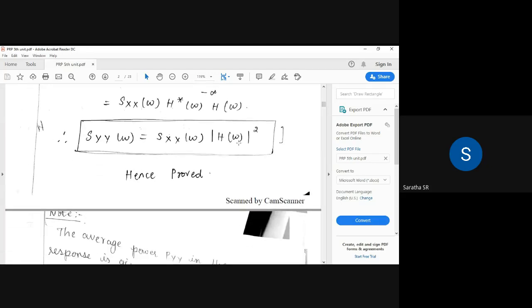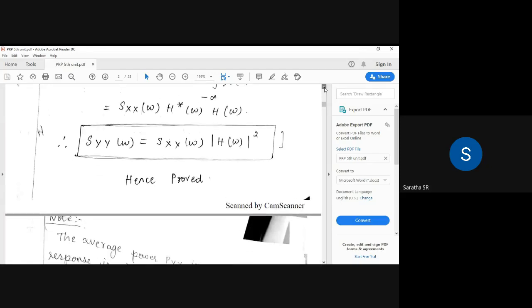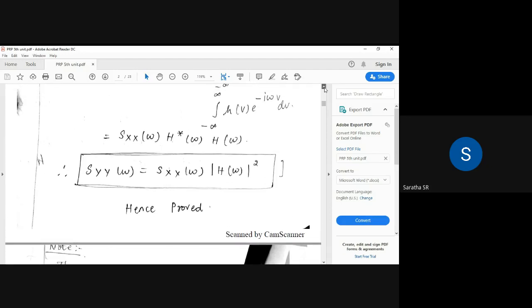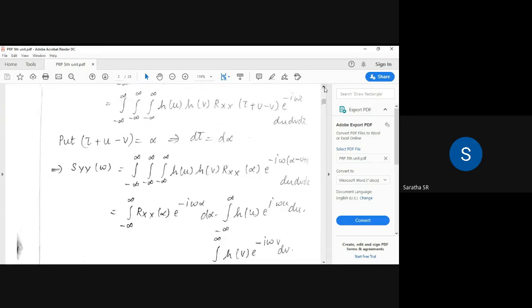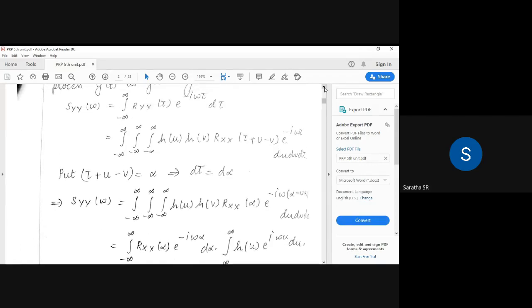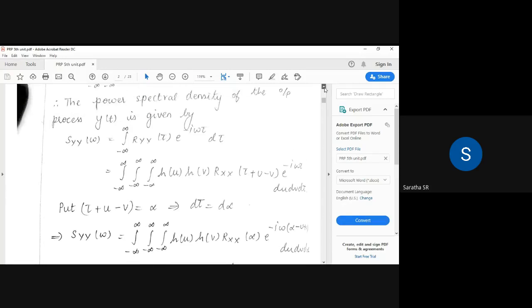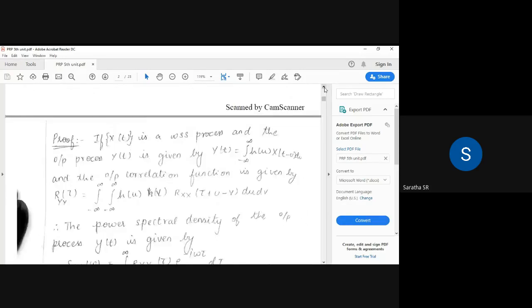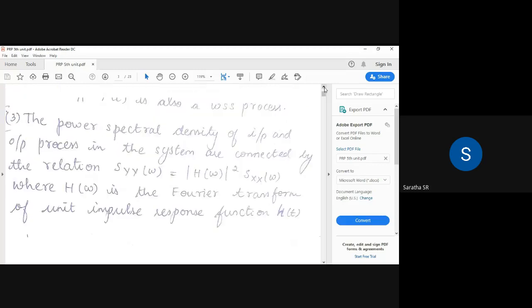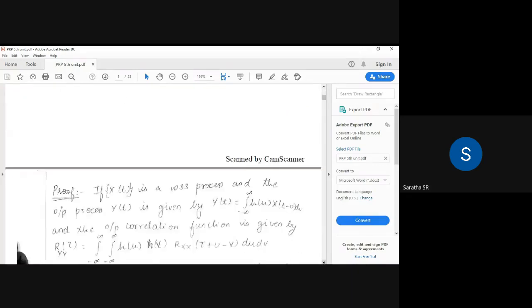If you have any doubt, please ask. Otherwise, I'll move on to the Wiener-Khinchin theorem. I don't know whether they asked the Wiener-Khinchin theorem or not. Anyway, I will explain the concept, so please study the theorem also. If you have a doubt, please ask; otherwise, I will move on to the next chapter.